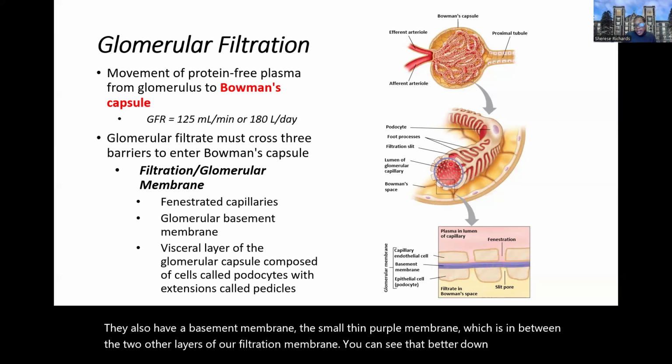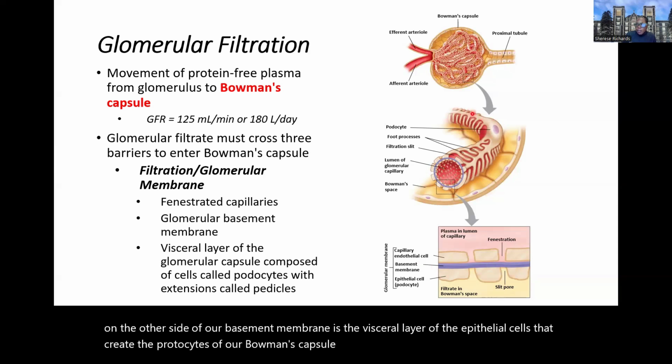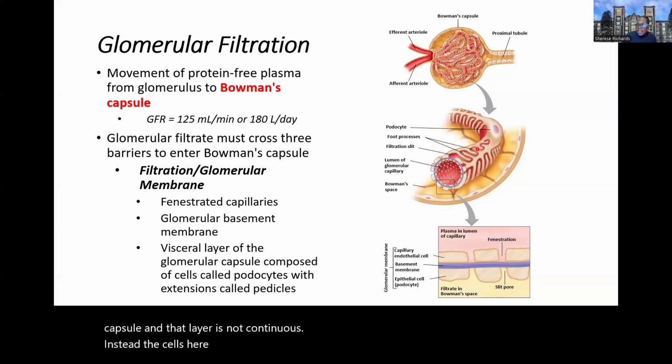And then on the other side of our basement membrane is the visceral layer of the epithelial cells that create the podocytes of our Bowman's capsule. So there's the visceral layer of our Bowman's capsule, and that layer is not continuous. Instead, the cells here are divided by these filtration slits. So this creates these podocytes as well.